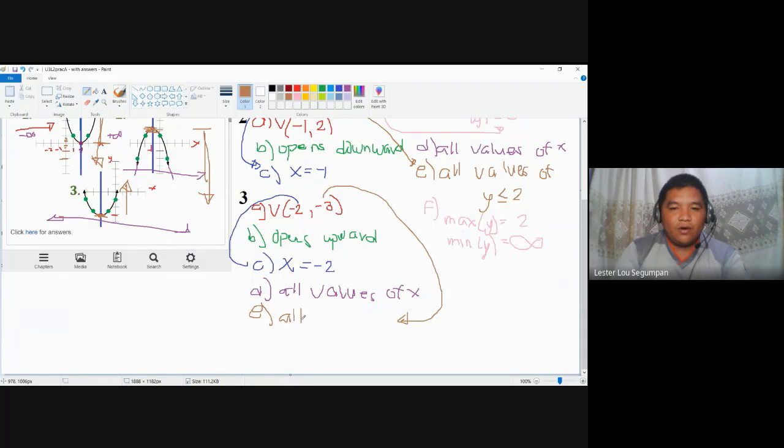So you have all values of y greater than or equal to the y coordinate, which is negative 3. And it's not part of the problem, but just for additional analysis, the minimum and maximum value for y: the maximum, since the graph goes upwards, is infinity. The minimum is this value here, which is declared by your y coordinate, negative 3.